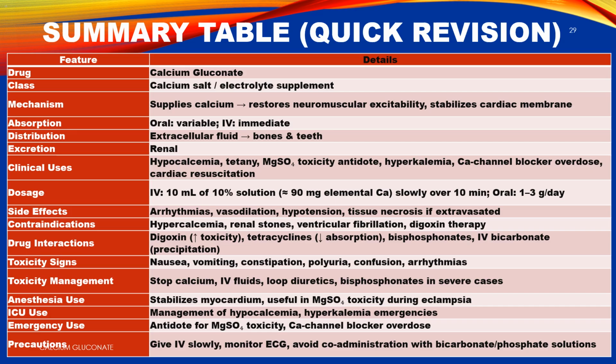Clinical uses: treatment of hypocalcemia and tetany. Antidote for magnesium sulfate (MgSO4) toxicity. Management of hyperkalemia and calcium channel blocker overdose. Use in cardiac resuscitation. Dosage: IV, 10 ml of 10% solution, approximately 90 mg elemental calcium, administered slowly over 10 minutes.